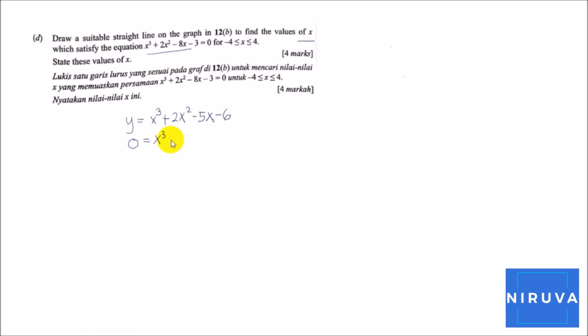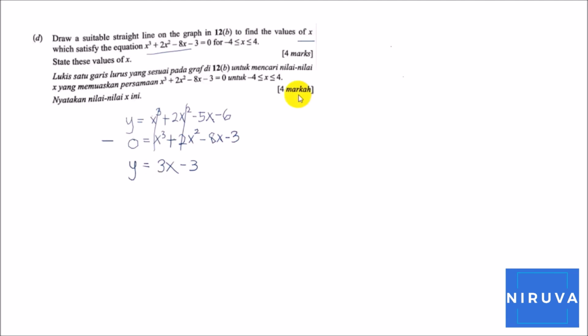Compare with this equation, plus 2x squared minus 8x minus 3. Use the elimination method. We get y equal to, reject 2x squared, reject. Here we have 3x, negative 6 plus 3, negative 3.